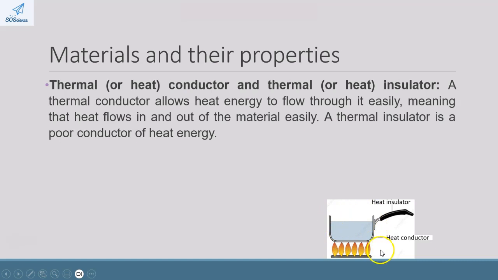However, once this heat is turned off, that heat will also be lost quite quickly and quite easily, because again, a heat conductor doesn't only allow heat into it easily, it also allows heat to flow out of it easily, as opposed to a thermal or heat insulator, which is a poor conductor of heat energy.